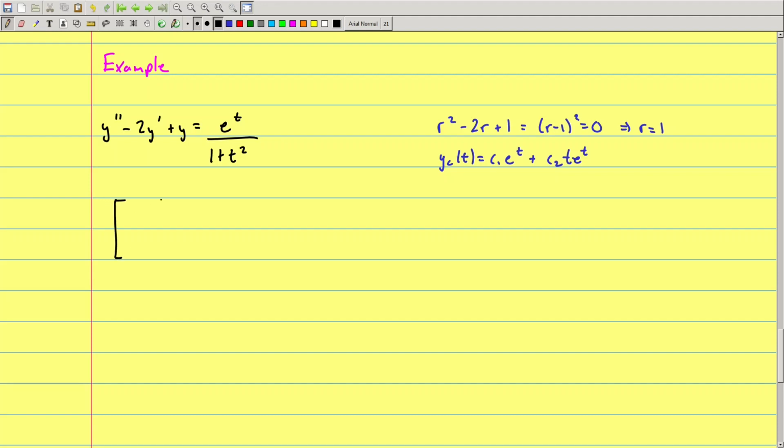Our matrix equation that we want to construct for this has in the top row e to the t and t e to the t. And then in the bottom row, the derivatives of both of those functions, so e to the t and e to the t plus t e to the t.